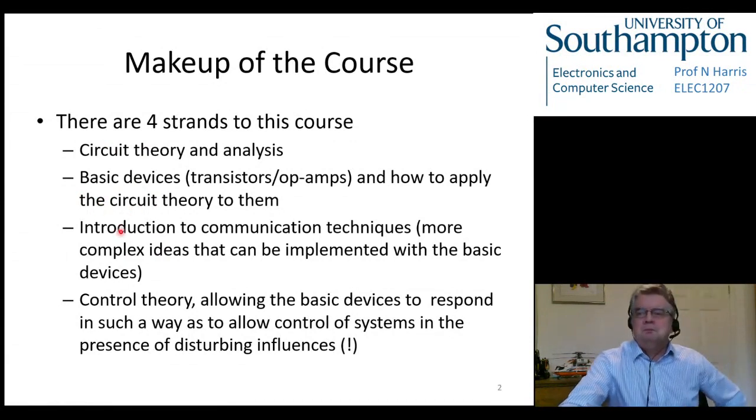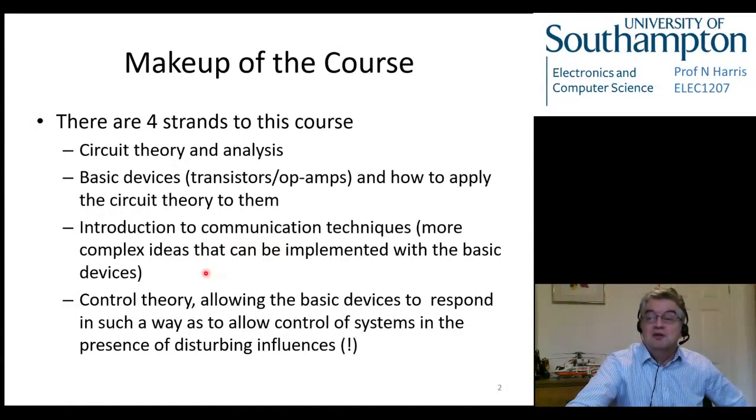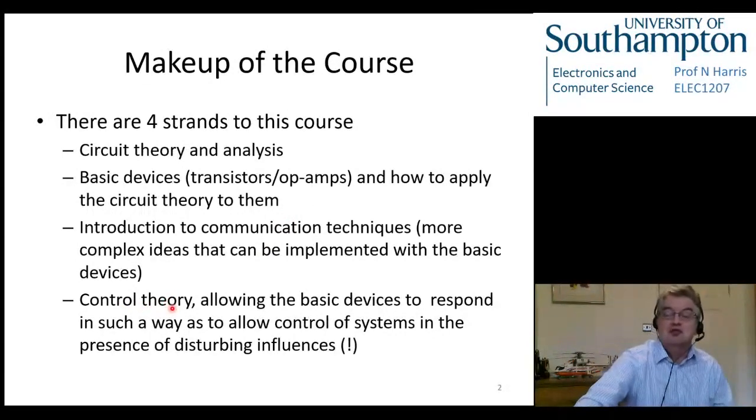Then Professor Maunder will be talking about communication techniques, which is basically more complex ideas that can be implemented with these basic devices, transistors and op-amps that we've learned about from me. And Paul will be teaching you about control theory, which is another way of using the basic devices to do things that you actually want. And controlling of things is a really important subject, and Paul is a really good person to lecture that.